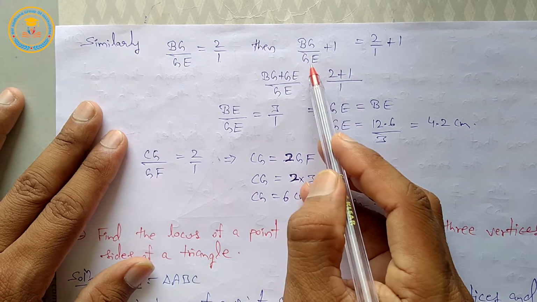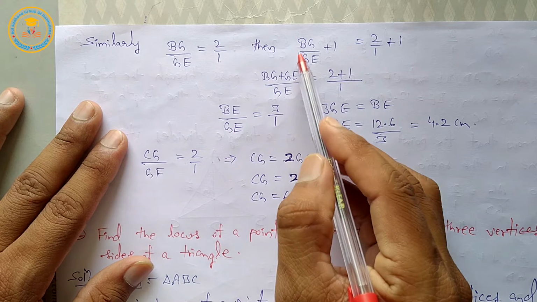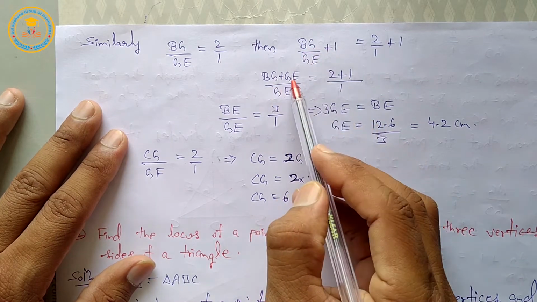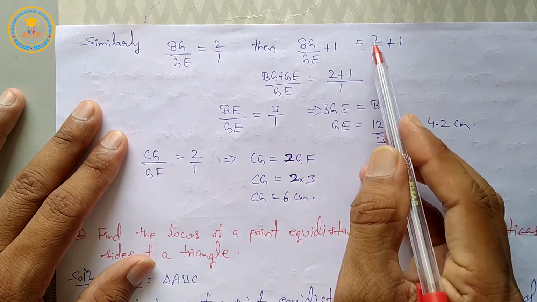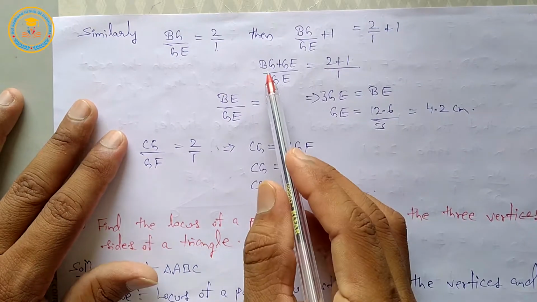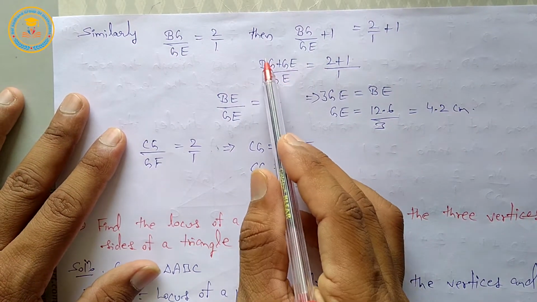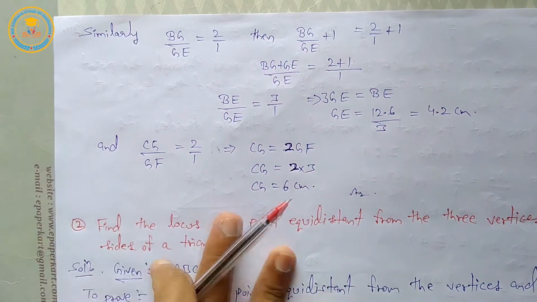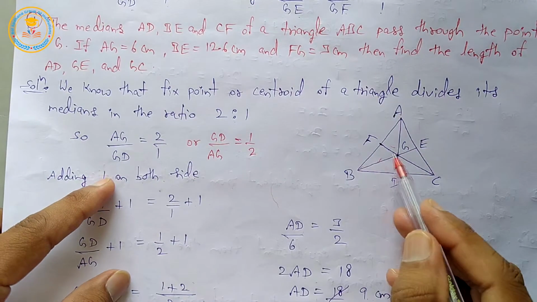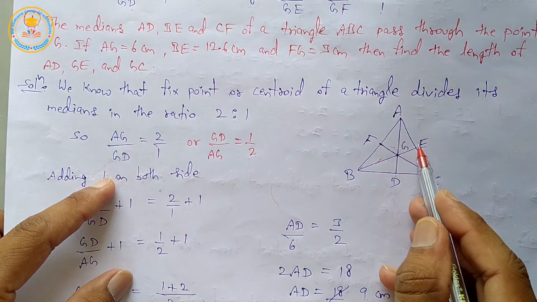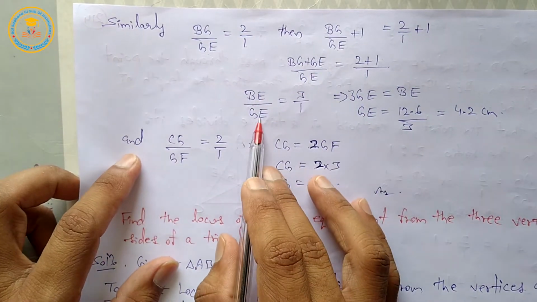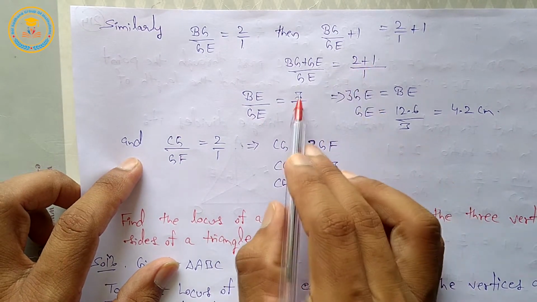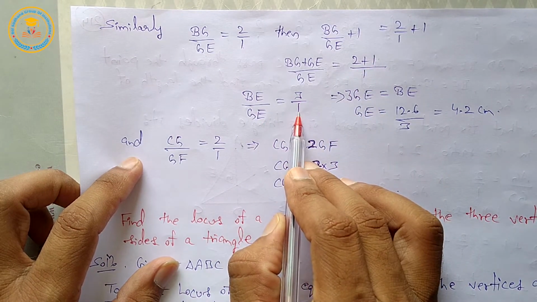We calculate the value of GE, and BE is given in the question. The value of BE is given, 12.6. So by cross multiplication, 3GE equals BE, and BE is 12.6. So GE equals 12.6 divided by 3, which is 4.2 centimeter.